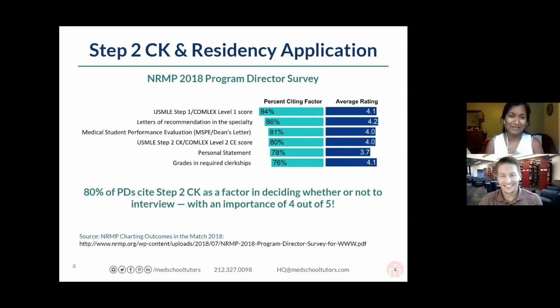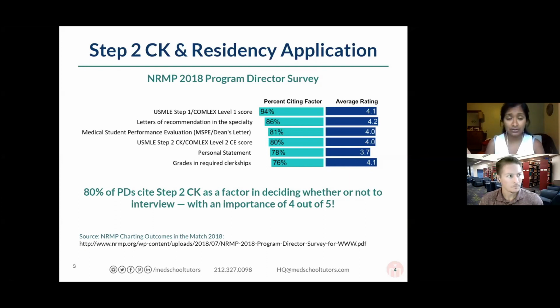So you probably don't need me to go into the detail of why this is so important to your residency application. But just for completeness' sake, Step 1 is, of course, one of the primary things that residencies look at when deciding, A, whether they're going to interview you, and B, where they're going to rank you, as you can see in the program director survey. But Step 2 CK is not far behind.